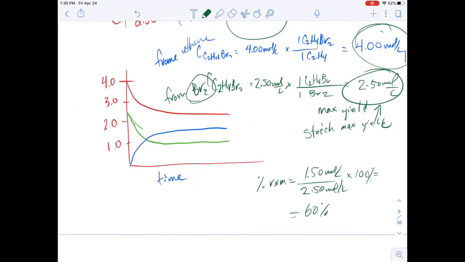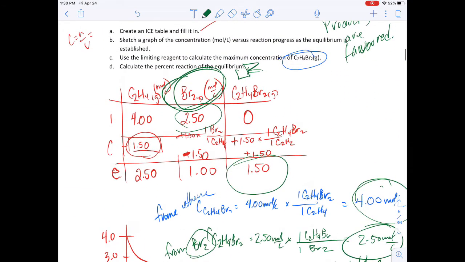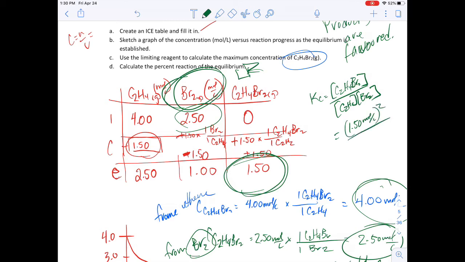Because it's the same reaction, if it was at the same temperature, the Kc value should be just the same. If I was looking at this reaction, in this case, my Kc is going to be equal to the concentration of C2H4Br2 divided by the concentration of ethene at equilibrium and bromine. So it would be equal to the equilibrium concentration of the product, so 1.50 mole per liter over the concentration of 2.50 mole per liter raised to the power of 1, because the coefficient is 1. In this case, all of them are.